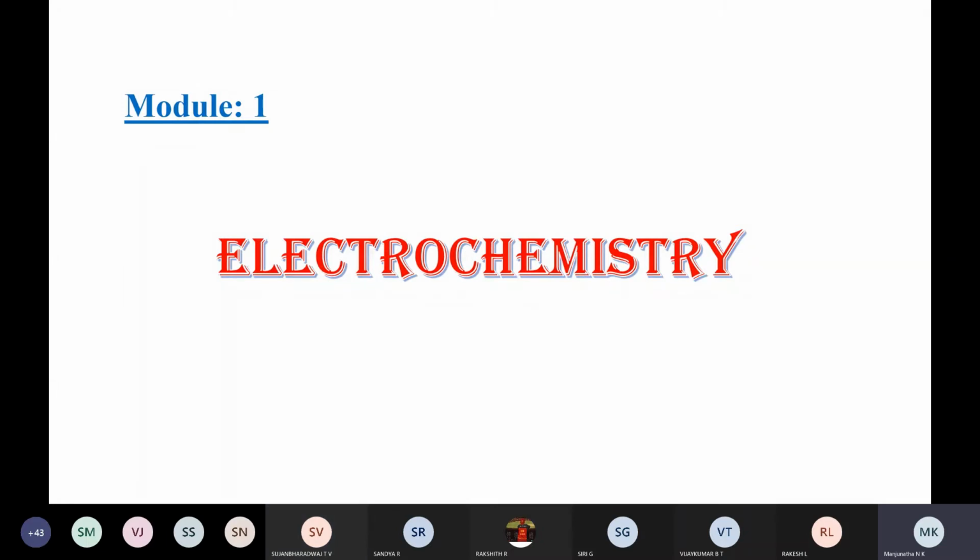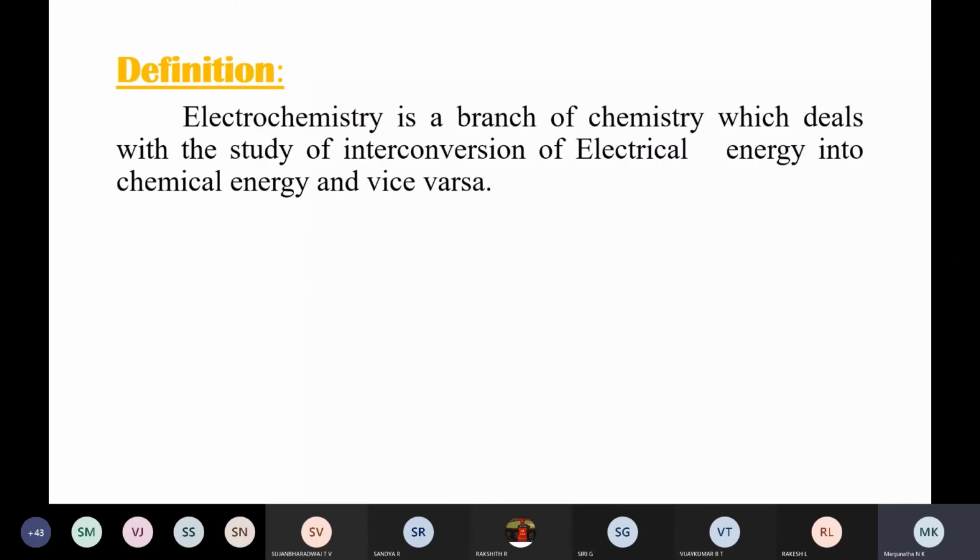Electrochemistry is defined as a branch of chemistry which deals with the study of interconversion of chemical energy into electrical energy and electrical energy into chemical energy.